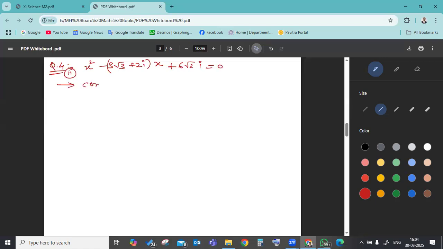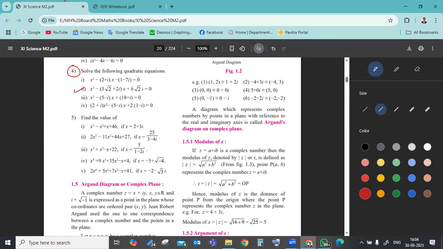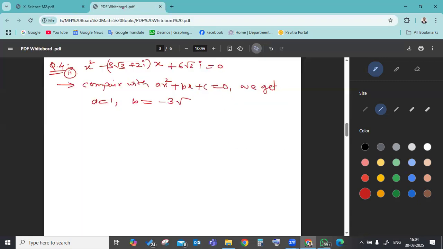So here compare this with ax square plus bx plus c is equal to 0, and we get a is equal to 1, b is equal to minus (3 root 2 plus 2i), and c equals 6 root 2i.